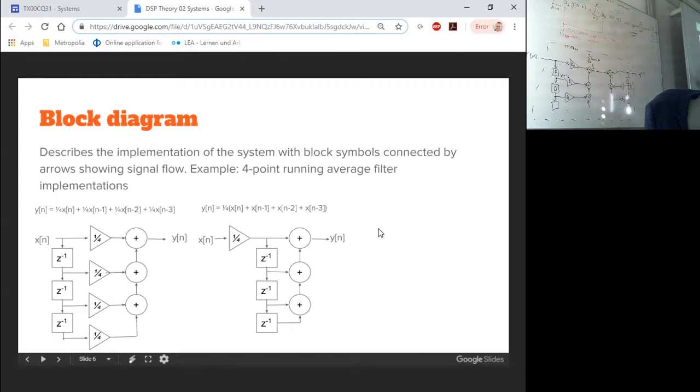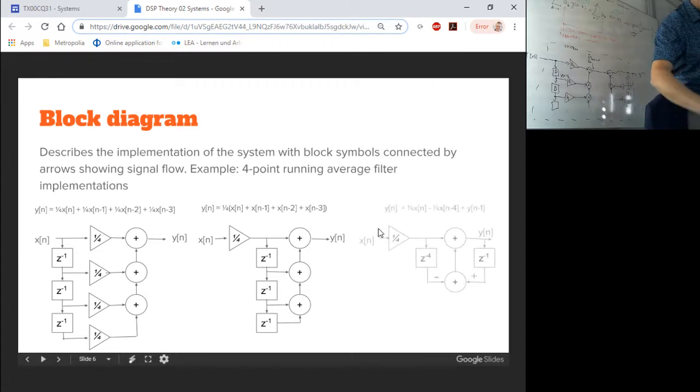Since we have these multiplications here, we have the common multiplier. It makes a lot of sense to take the common multiplier on the other side of this delay. Then you have to multiply it only once, and then you get the output. Or it's also a third way.